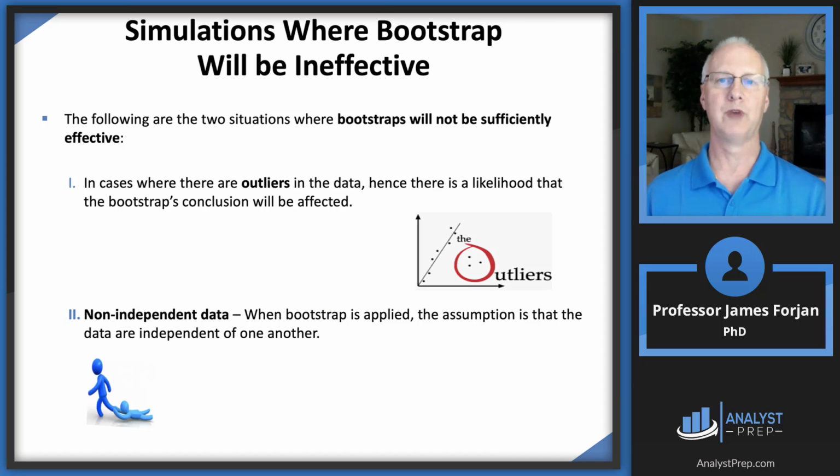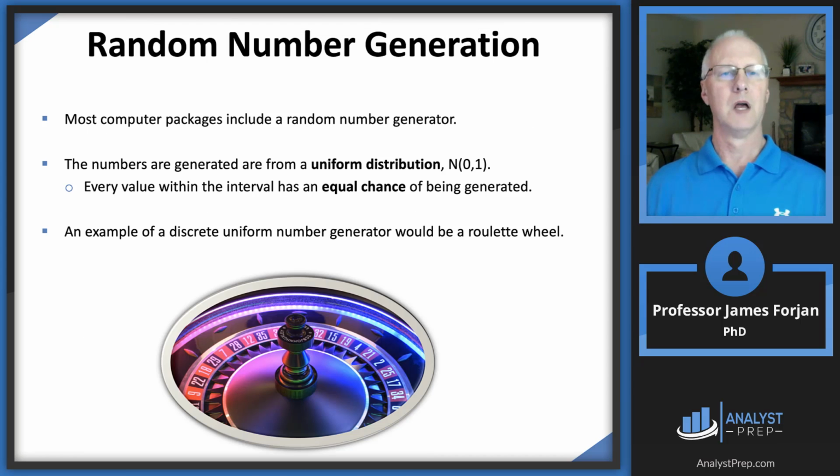Now, of course, bootstrapping is very effective for spot yield curves, but it's not terribly effective if there are lots of outliers or if there's a problem with the independence of the data. Most computer packages include a random number generator. You can do this very simply in Excel.